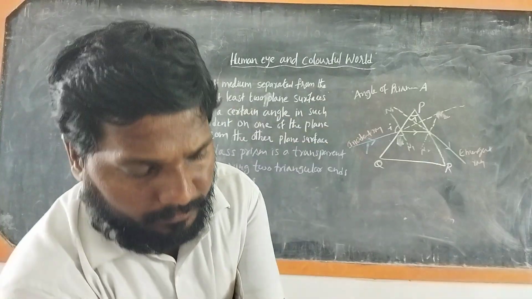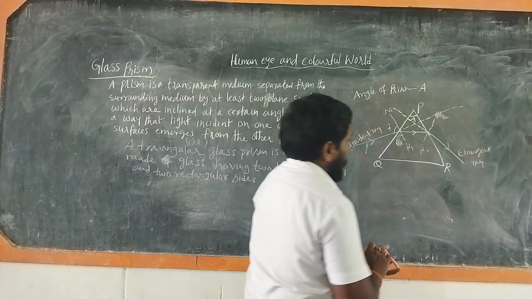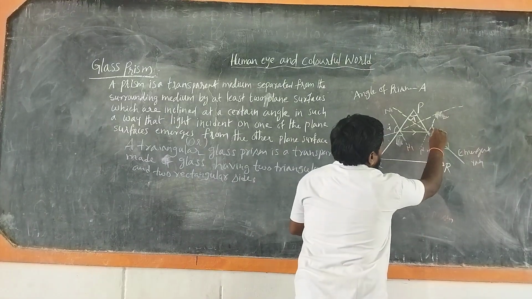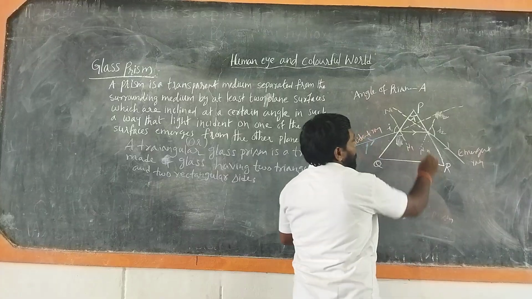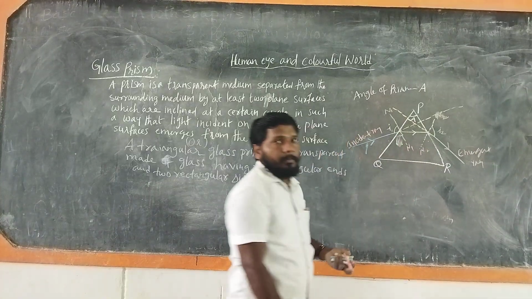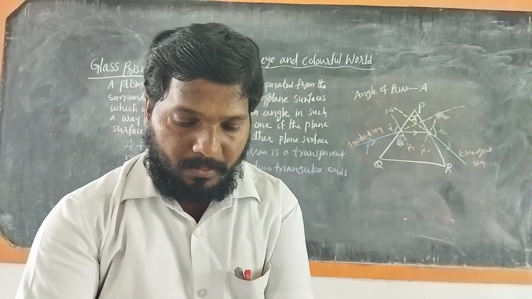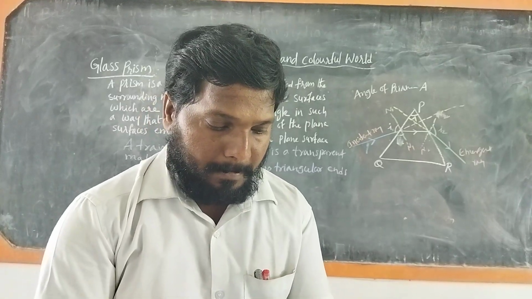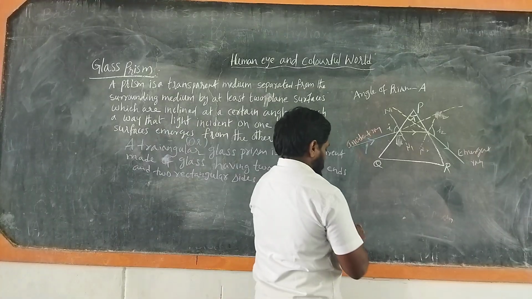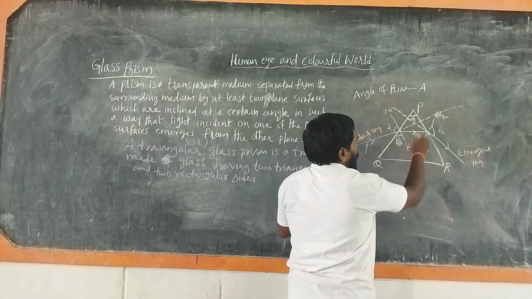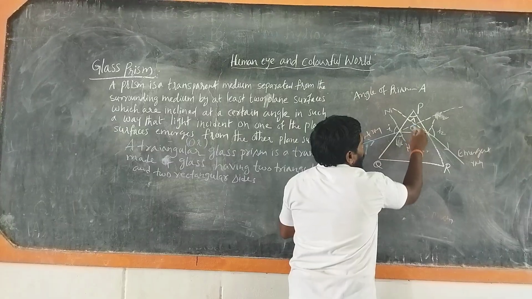So the normal. This is I1 and this is I2, the emerging angle and the incident angle. Where these two rays meet is called rho.